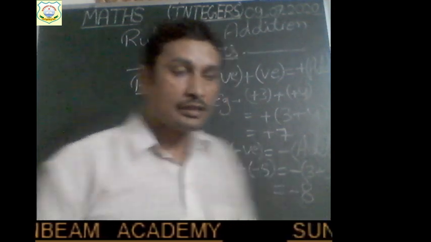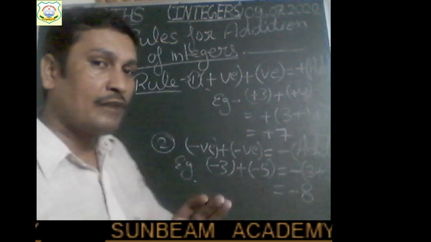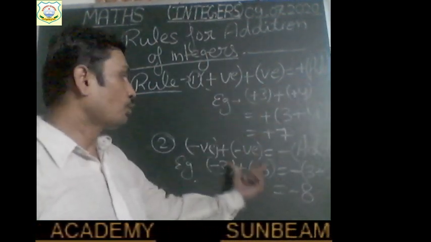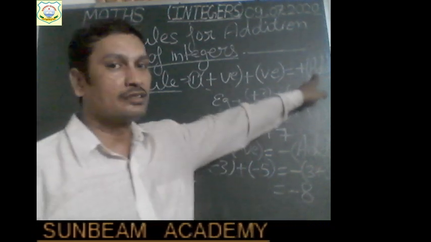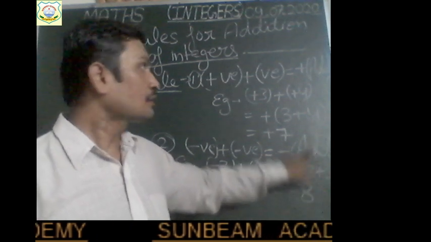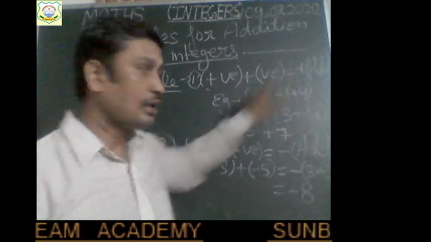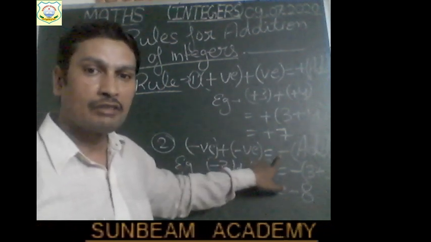Right, children? This is the second rule. I think it is clear. So whenever we have the same sign, if both are positive or both are negative, then what will we do? We will add the integers. Here we have added, here also we have added only. But if we are adding positive integers, then the result will be positive. And if we are adding two negative integers, then the result will be negative.